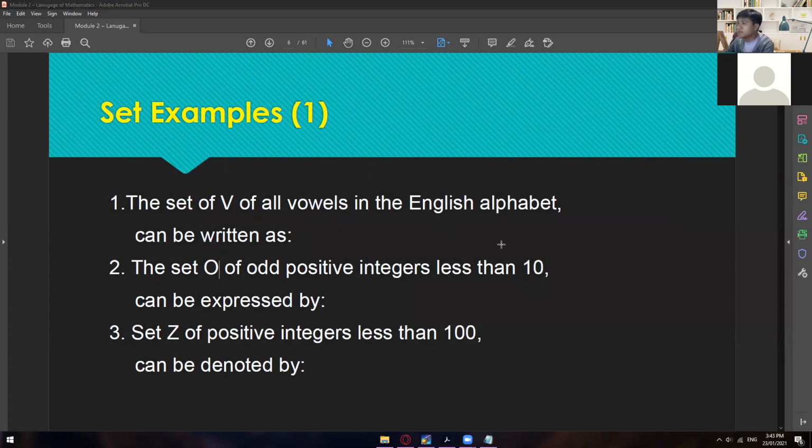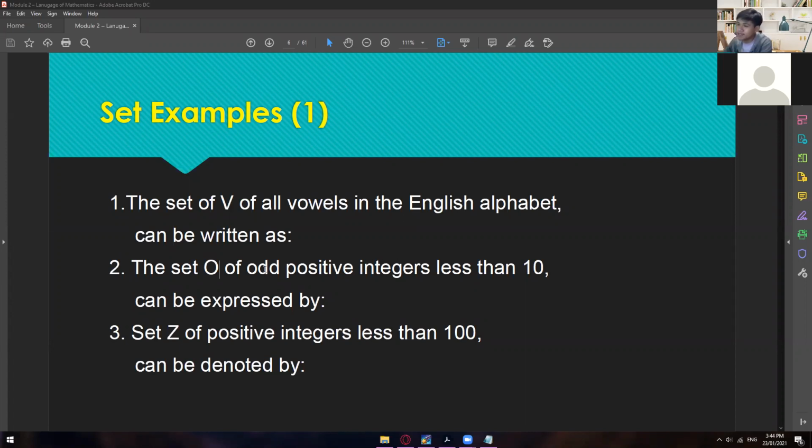How about number two? Who wants to answer number two? The set O of odd positive integers less than 10. It can be expressed by... Coming from Miss Chelsea, it's 13579.